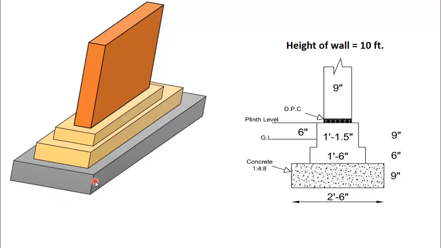So you should keep in mind that we are going to calculate the length for each and every step. The length which is given, 20 feet, is just the length of the upper portion of the wall, and we have to calculate the length of each step, like length of excavation, length of concrete work, length of the first step of foundation, length of the second step of foundation, and so on.